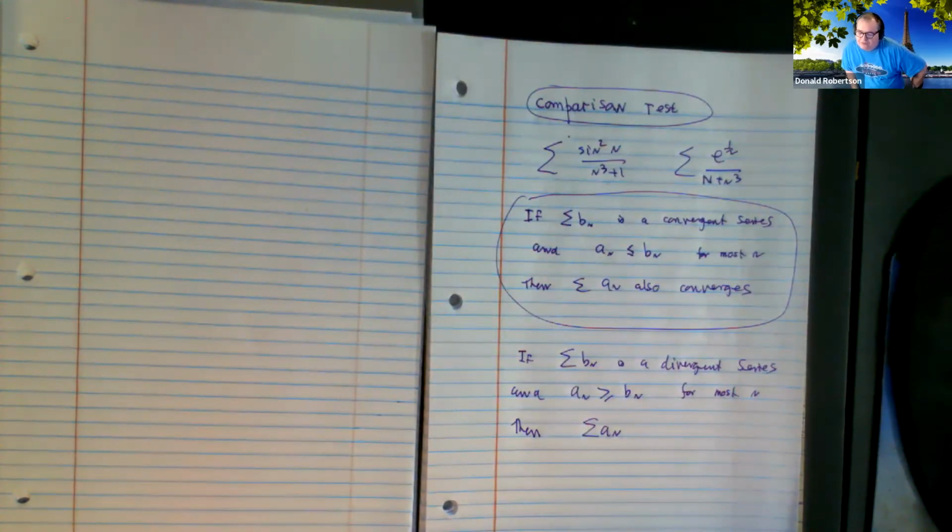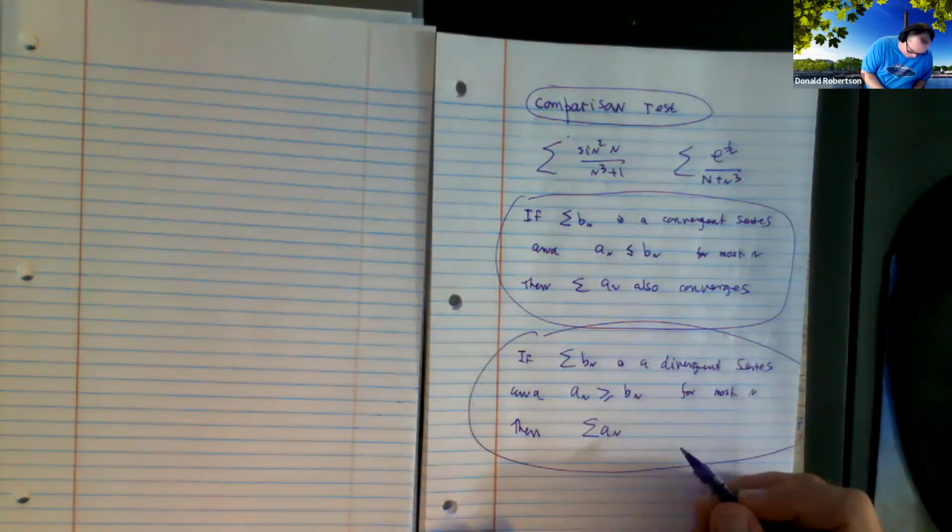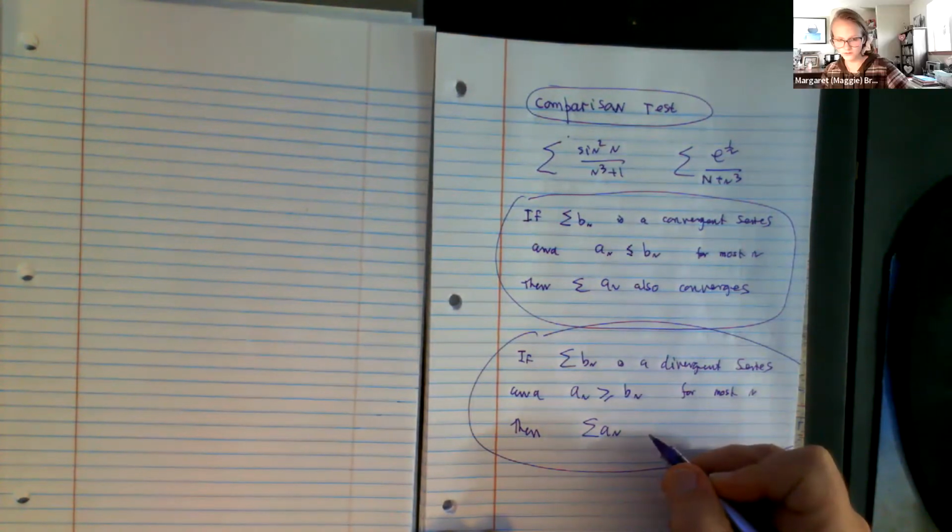It's bigger than a divergent series. So what do you think sigma An is going to be? Convergent or divergent? Divergent. Yes.